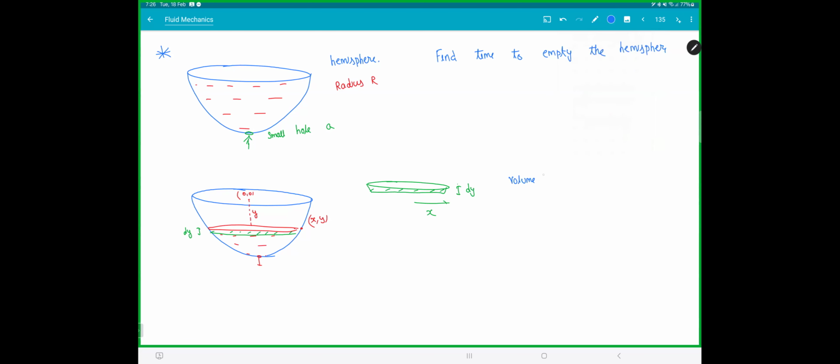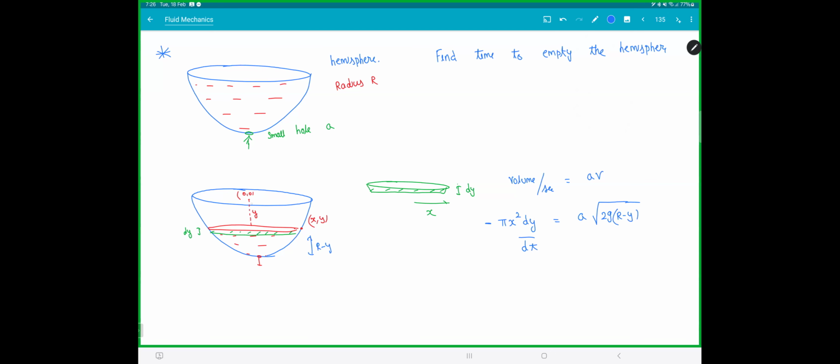Volume flow per second is nothing but area into velocity. So what is the volume flow per second? Pi x square dy with a minus sign by dt. And what is the velocity? Root 2g, and the height you're interested in is r minus y. Is that making sense?